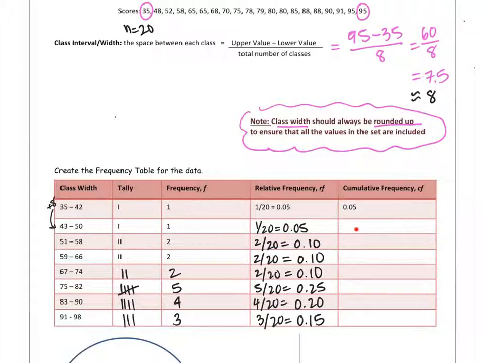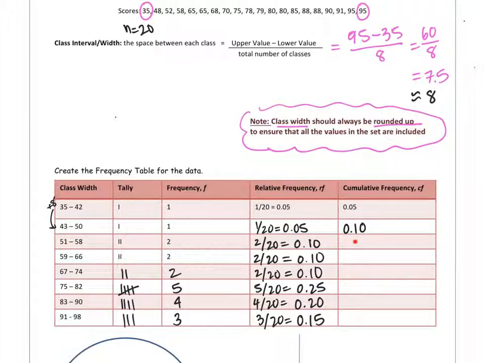Now, once you get to the second row, instead of just taking this row, you have to take both of the rows and add them. So if you're in the second row, you add 2 of the rows together. So if you add 0.05 with 0.05, you get 0.10.